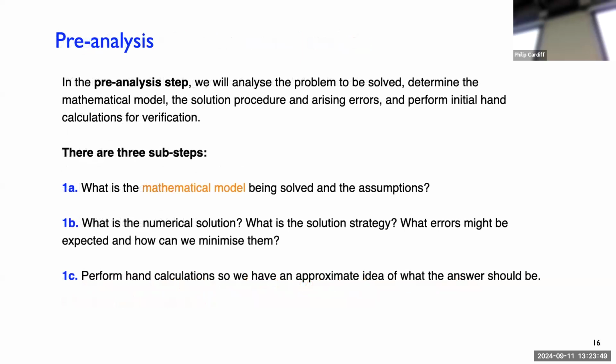In the pre-analysis step, there are 3 sub-steps. 1A is, what's the mathematical model to be solved, and what are the assumptions? 1B is, what numerical approach are we going to use to solve the equations, and what errors might we expect, and can we estimate or limit them? And 1C is, do we have some idea what the answer is meant to be like after we get it?